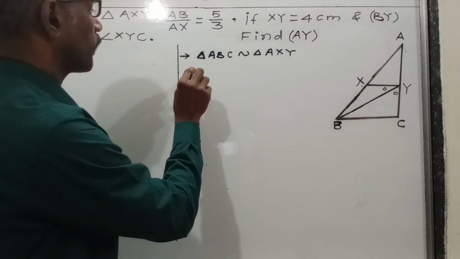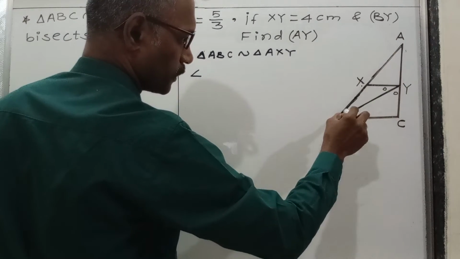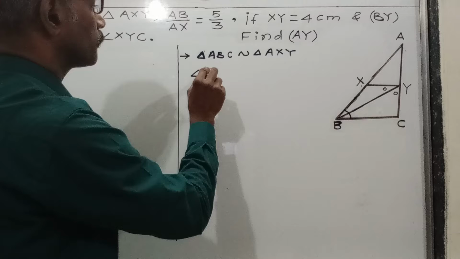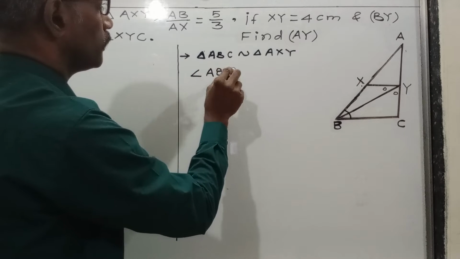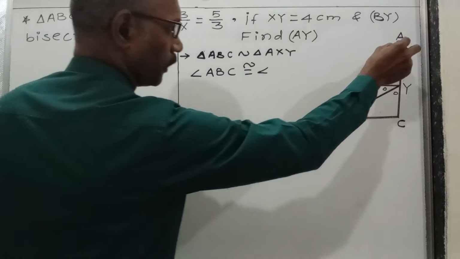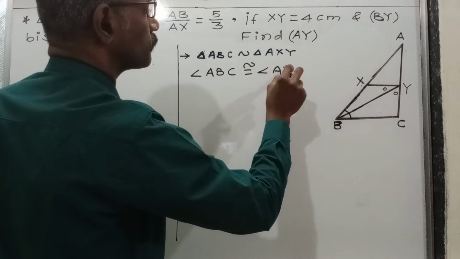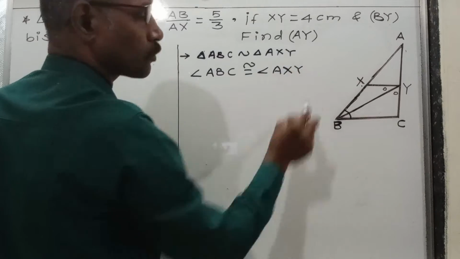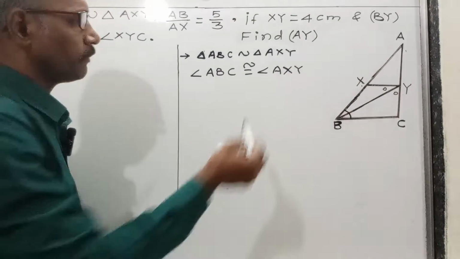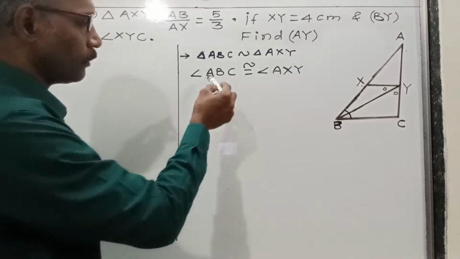Now see, angle ABC means this angle ABC is congruent to angle AXY. The remaining angles are also congruent in pairs, but we want this.